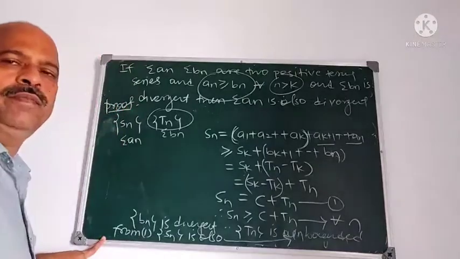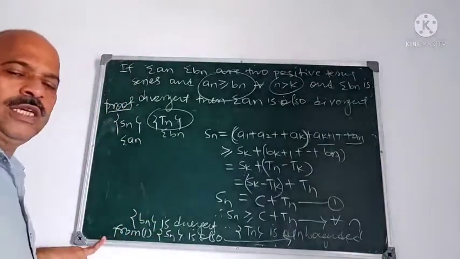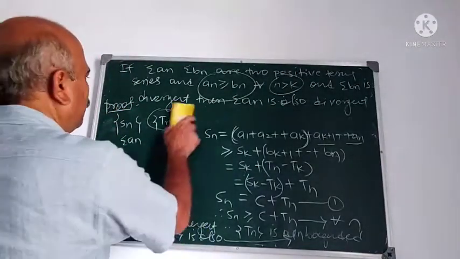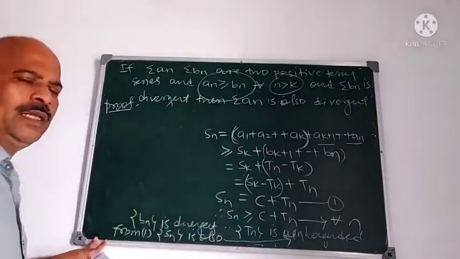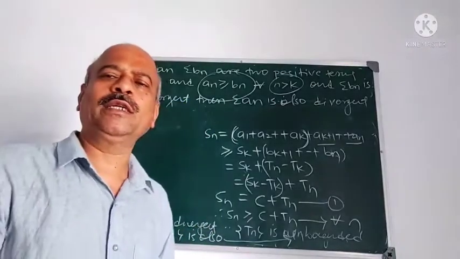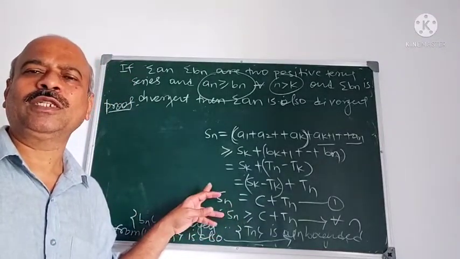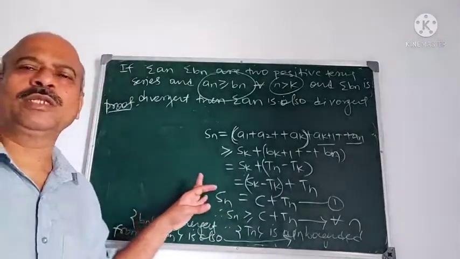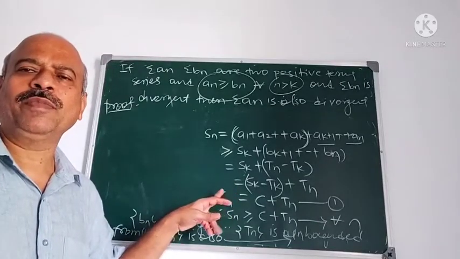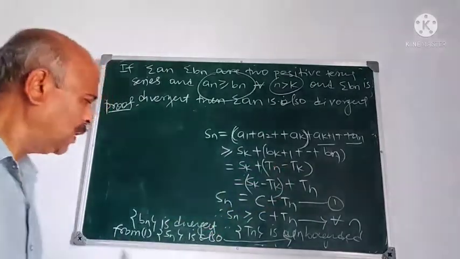Now go to the very preliminary point in positive term series. A positive term series is either convergent or divergent. When it is convergent, if u1 plus u2 plus ... plus uk is less than k, that is bounded. Otherwise it is divergent.